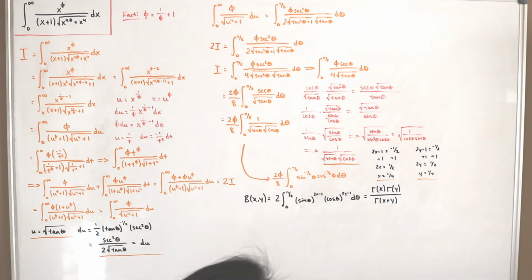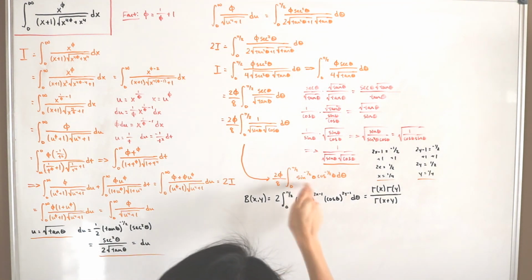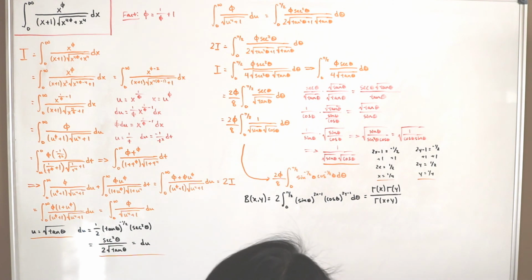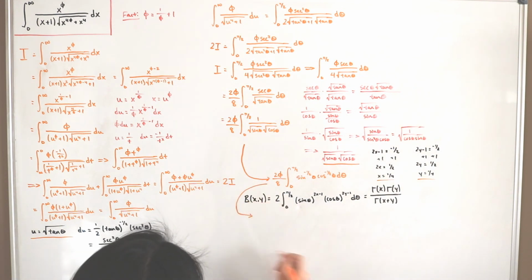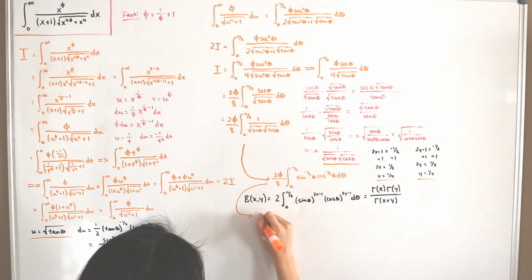Okay, so we're actually just about done. So converting this integral over here, let me also draw this new arrow. And putting this 2 over here, I'll just rewrite the same formula again.